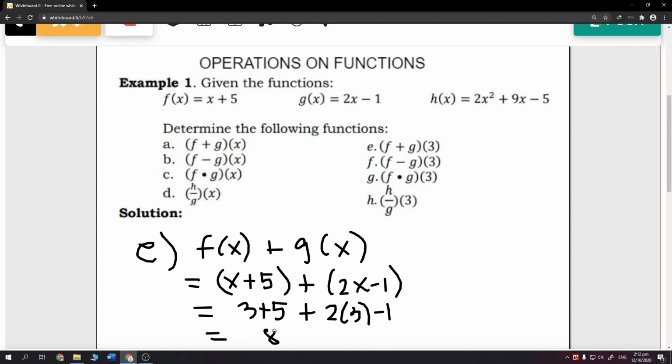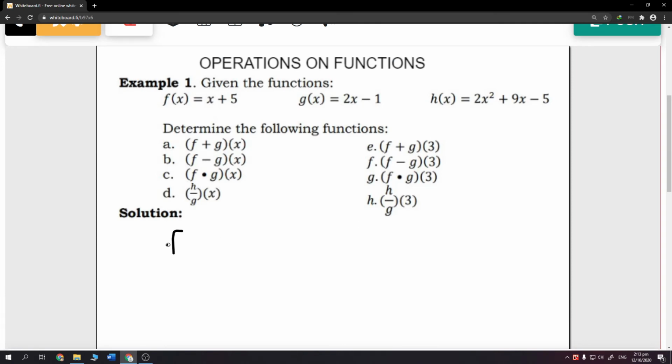So we have here 8 plus 6 minus 1. So 8 plus 6 is 14, minus 1 is 13. So it's just the same. Okay, so that is the answer for letter E.